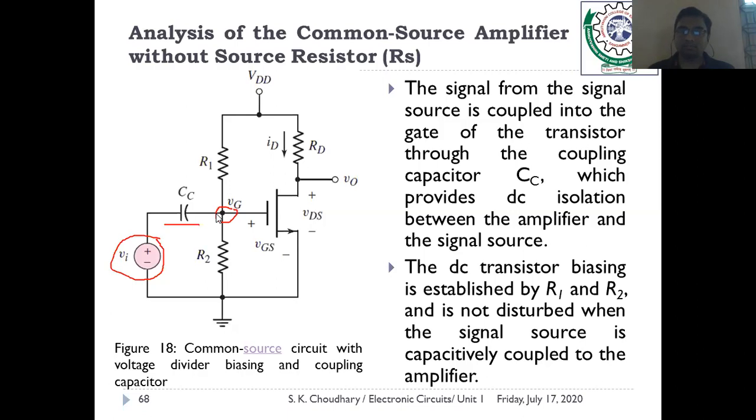Here you can see this transistor is biased in the saturation region by means of these two resistors, called the biasing resistors. First one is R1 and second one is R2. Whatever the DC level set by these two biasing resistors, meaning the value of the Q point, would not be disturbed by this AC signal coming from the voltage source VI.